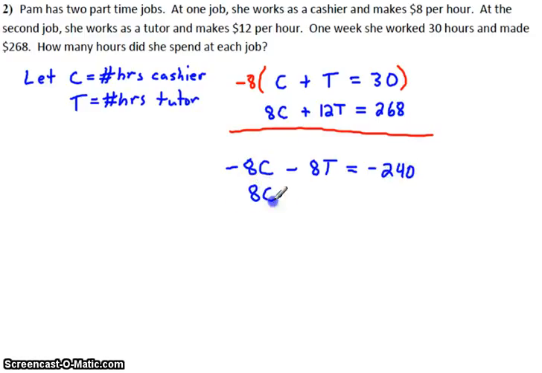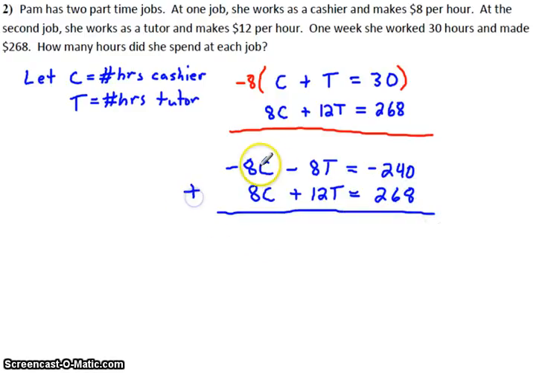That's 8C plus 12T equals 268. So now I've got these ready to go eliminate, and I'm going to add these 2 equations. -8C and 8C eliminate. -8T and 12T gives us 4T. And when I add -240 and 268, that is 28.